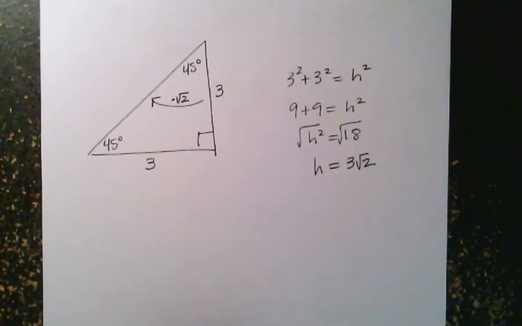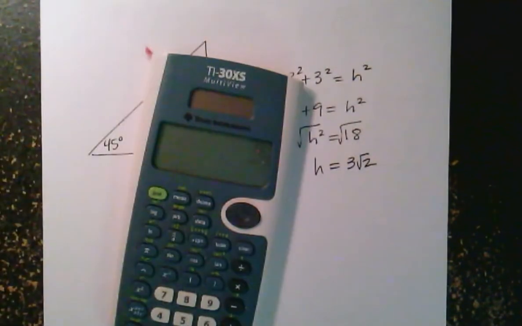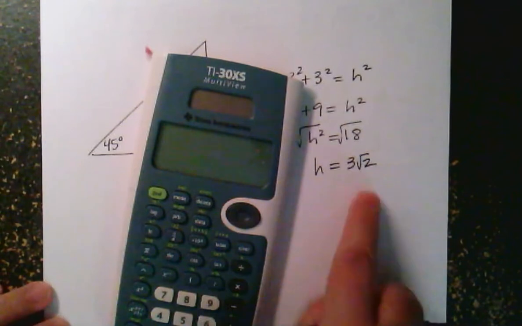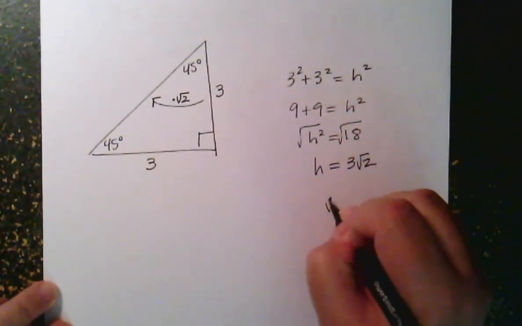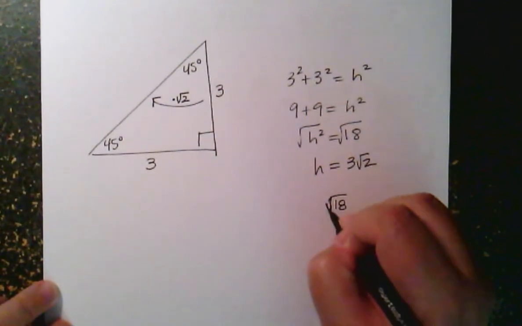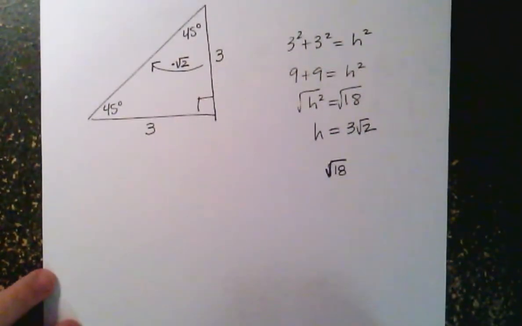If you're using a multi-view calculator like this, it will do that calculation for you, that's simplifying the radical. If you're not, it's not that much longer. The way to simplify a radical like this is we ask ourselves what perfect square is a factor of 18. Perfect squares are the numbers we get when we square a whole number.